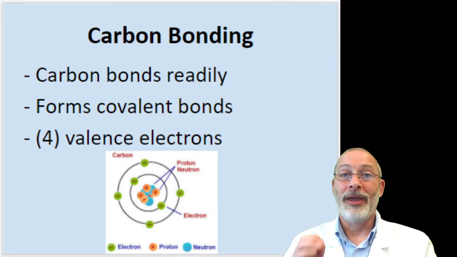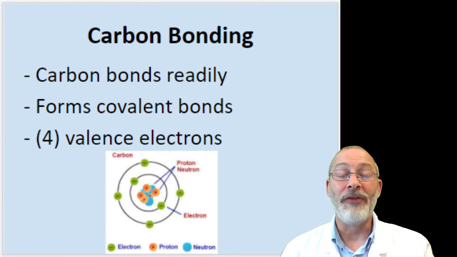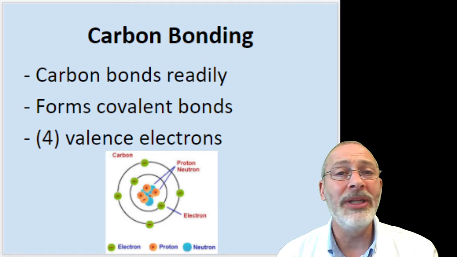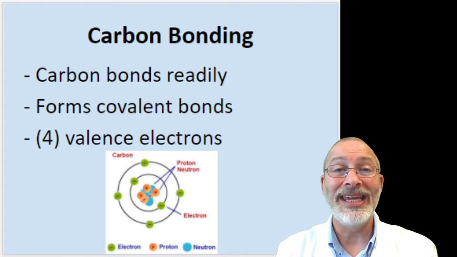We're back after a short period of time there, and we are going to be continuing where we left off last time. If you remember, I gave you some key points to recall in terms of organic chemistry, and here they are. In organic chemistry, it's all about carbon bonding, and carbon bonds very readily. They form covalent bonds, and please don't forget that carbon has 4 valence electrons.